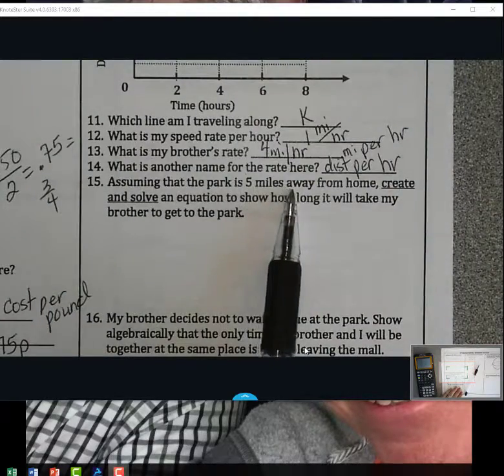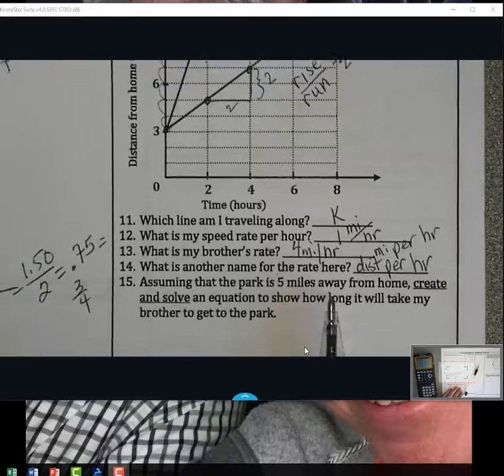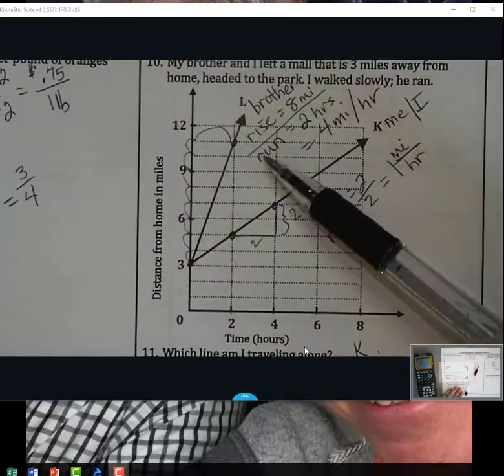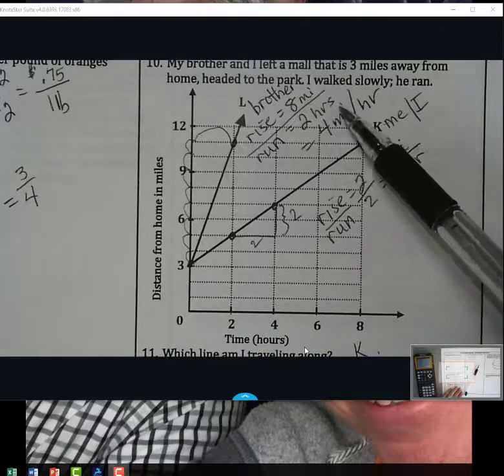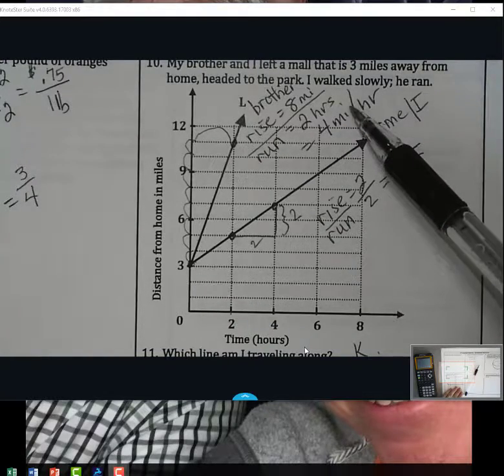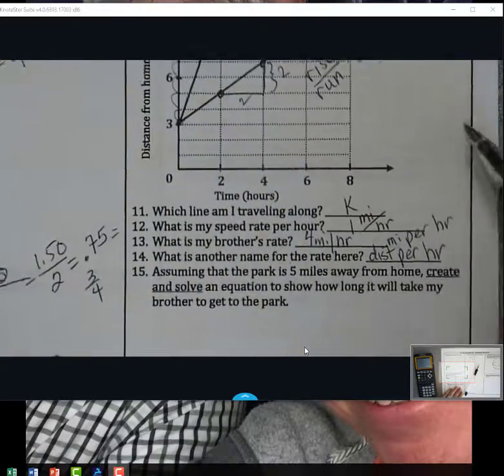Okay, assuming that the park is 5 miles away from home, create and solve an equation to show how long it will take my brother to get to the park. Well, what we need to do is figure out first what his entire equation is. So we know that he's going 4 miles per hour, but he already starts 3 miles away. Okay?